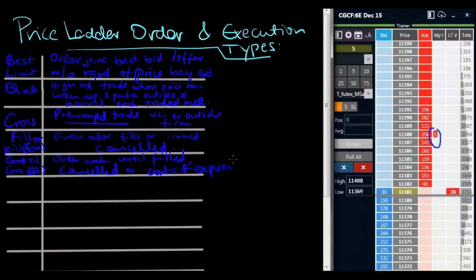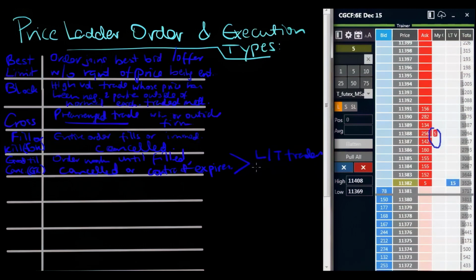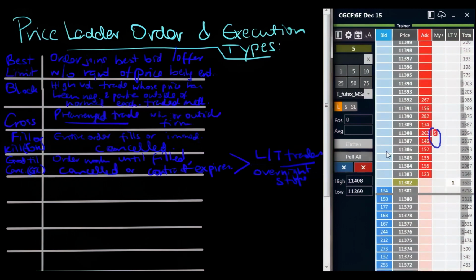Usually what you find with these orders, it's an order type that longer term traders use. They want to get filled. They put in a limit order at a certain price that's away from market. They don't want it to get canceled overnight. Or if you've got an overnight position, or if you have overnight stops, you want to put an overnight stop just in case it gets to a level.